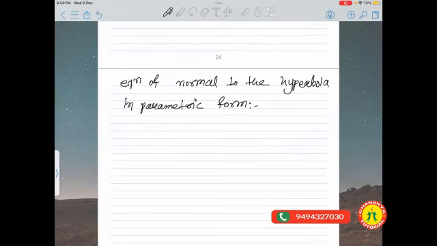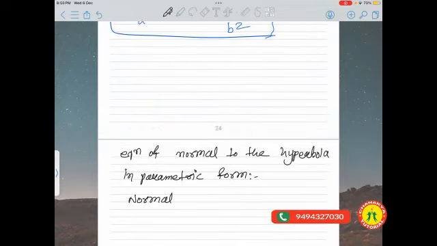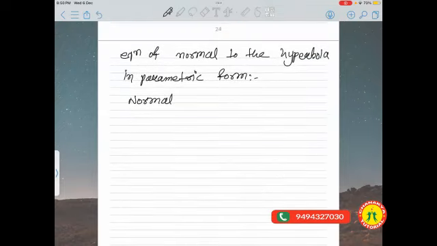So what is the equation of normal in parametric form? What is the parametric form? What is the point? You need to remember the parametric equation of normal.